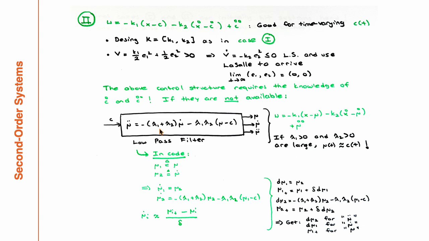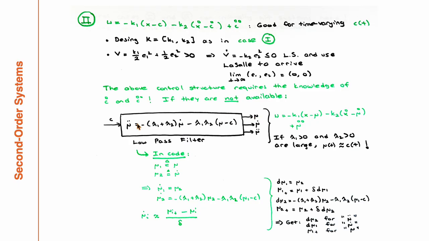And for example, you can also do this for eigenvalue assignment. When lambda 1 and lambda 2 are large enough, then this transfer function will have two eigenvalues or poles that are further on the left of the complex plane, meaning that you can closely approximate this command. This mu will closely approximate this command.